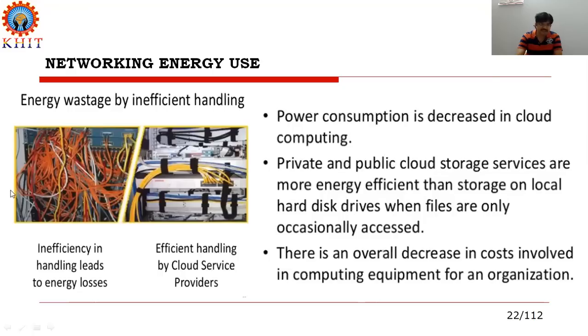If you consider the left side, the wires or nodes are not well connected to the switches in a proper manner. That means it may lead to inefficiency in handling the energy, due to which a lot of energy will be wasted.